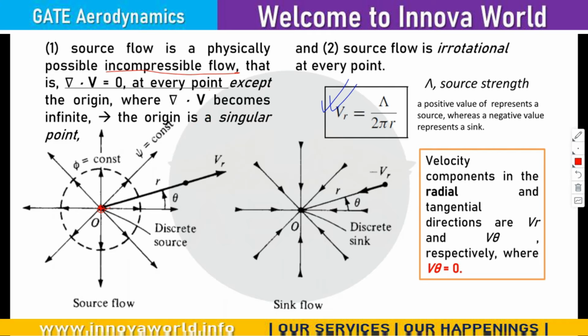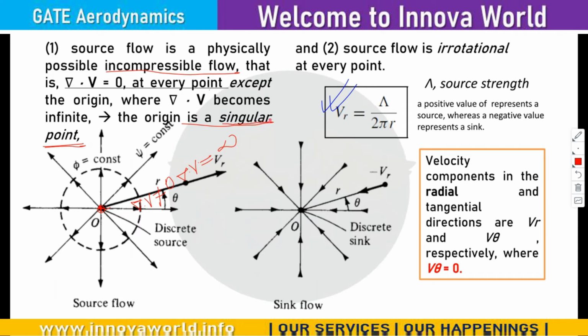That means at the origin, it won't satisfy del dot V equal to 0. At the origin point, del dot V is infinite, and where del dot V is infinite, that particular point is called a singular point. Just remember the term singular point.